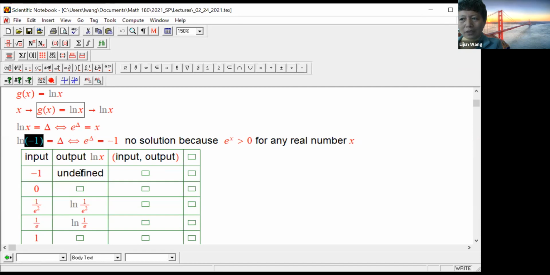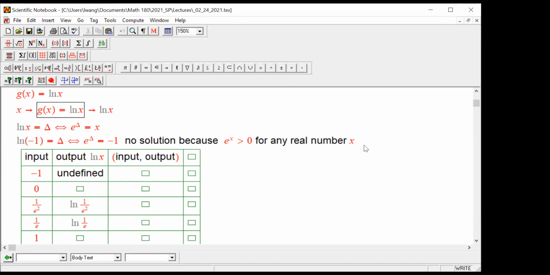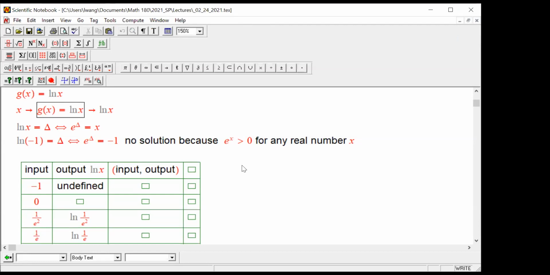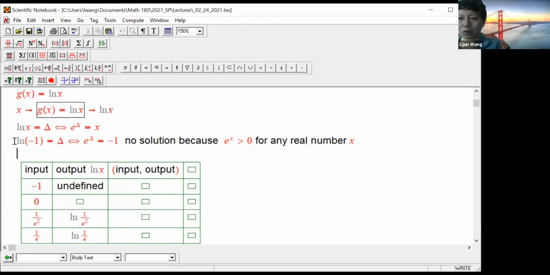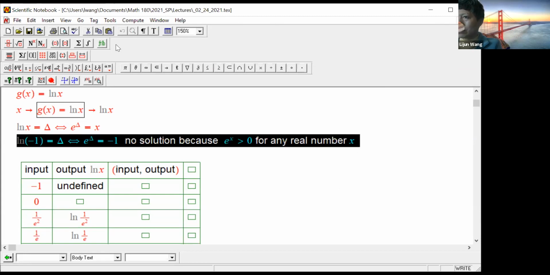So that's why it's undefined. So you're not going to have a point there. How about 0? Undefined as well. That's right. Perfect answer. I think you already foresee what is going on, right? It's the same reason.